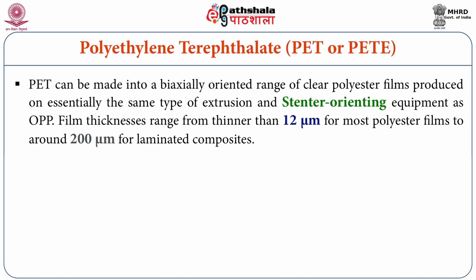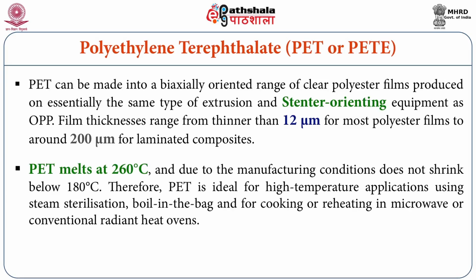PET can be made into a biaxially oriented range of clear polyester films produced on essentially the same type of extrusion and stenter orienting equipment as oriented polypropylene. Film thickness ranges from thinner than 12 micron for most polyester films to around 200 micron for laminated composites.